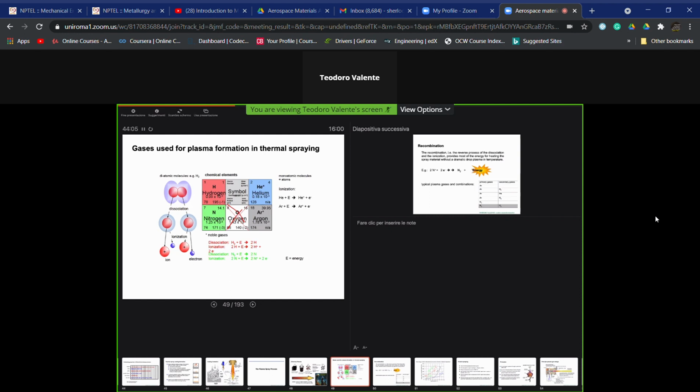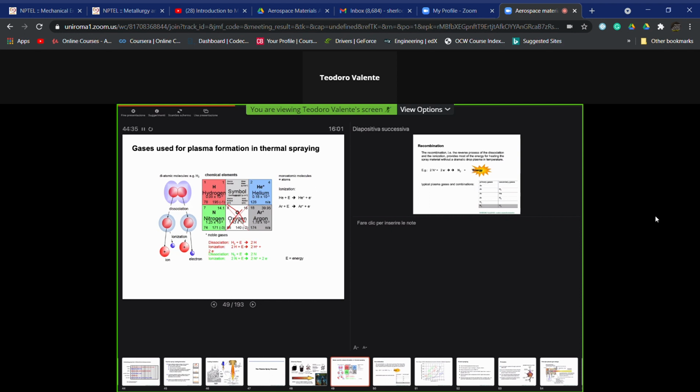It has many metallic parts inside. The presence of oxygen will completely and suddenly destroy the gun, that is the torch. And so usually we use essentially four types of gases to have the plasma, which are hydrogen, argon, nitrogen, and helium.